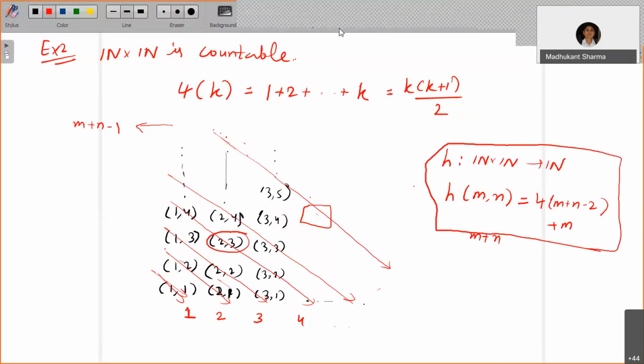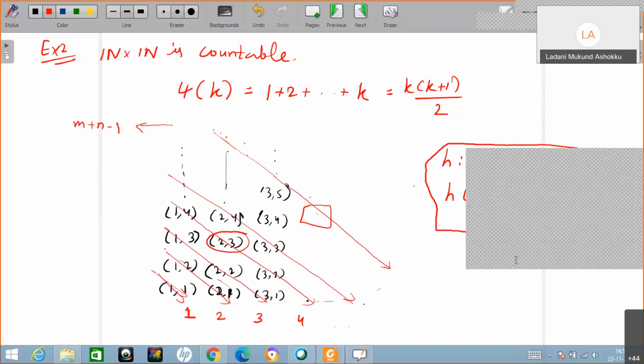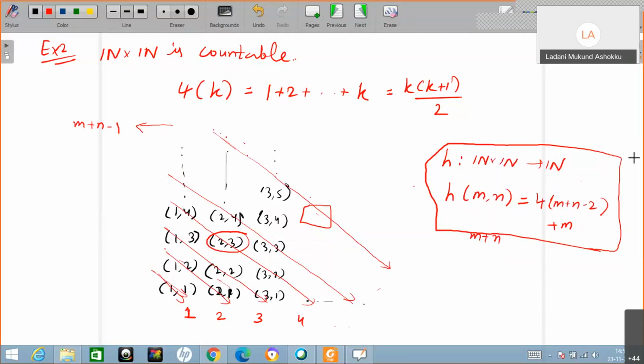Do you have any questions? Yes, sir. Can you explain again how the minus 2 came? M plus n minus 2. Because the sum of the pair m comma n is m plus n, which tells us which diagonal it lies in.